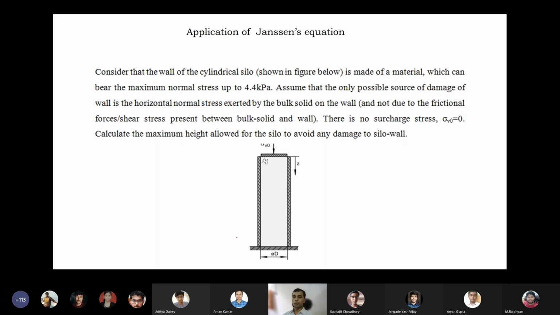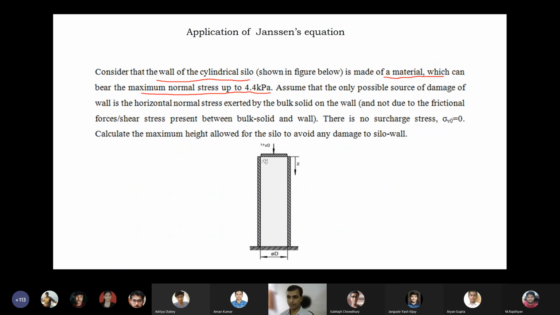So I want all of you to calculate this later. Very, very simple and straightforward. Consider the wall of a cylindrical silo made of a material that can bear a maximum stress of up to 4.4 kilopascals.